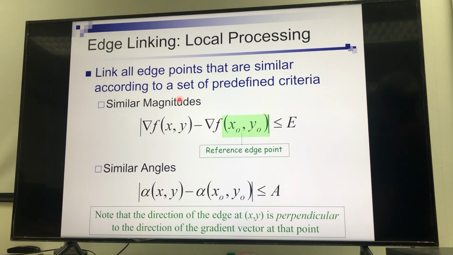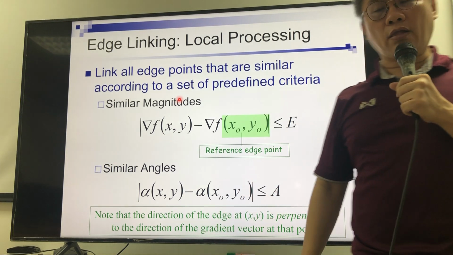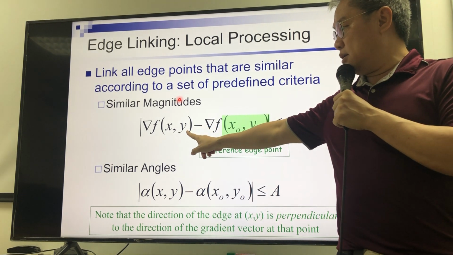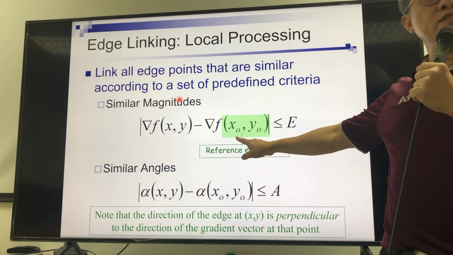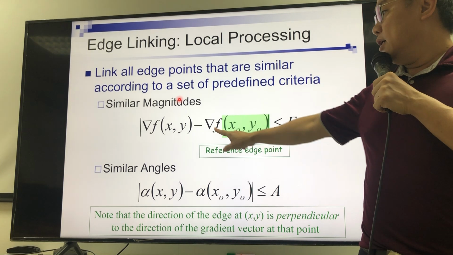Let's do edge linking using local processing. We link the edge through two things: the magnitude and the angle. If the edges have similar magnitude, you have a reference edge point, which is x0, y0.